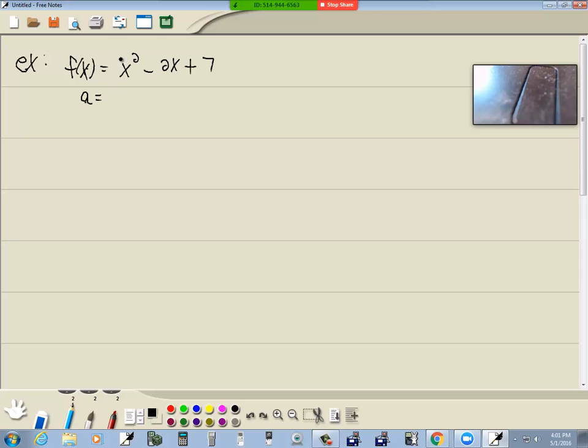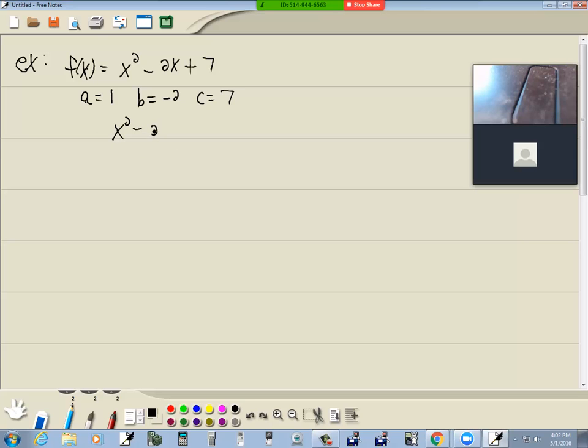A is whatever number's in front of your x squared, which is 1. B is whatever number's in front of your x, which is negative 2. And c is your number at the end. Because what we're doing is we're solving x squared minus 2x plus 7 equal to 0. That's what finding zeros means. You set it equal to 0 and you solve it.